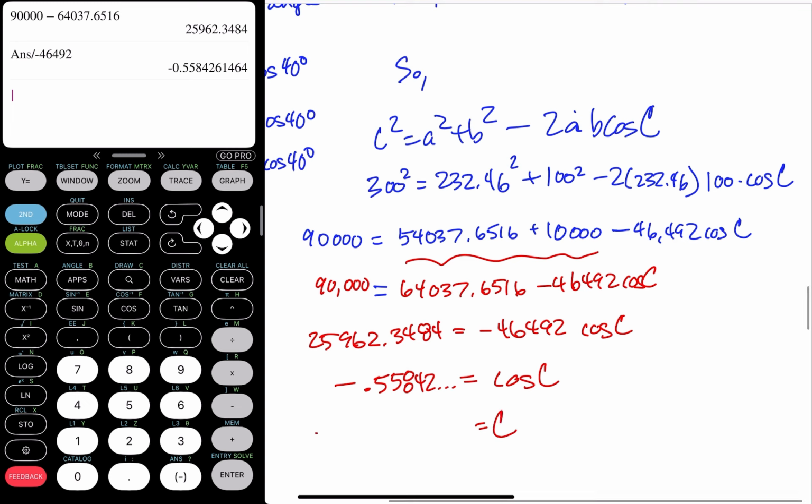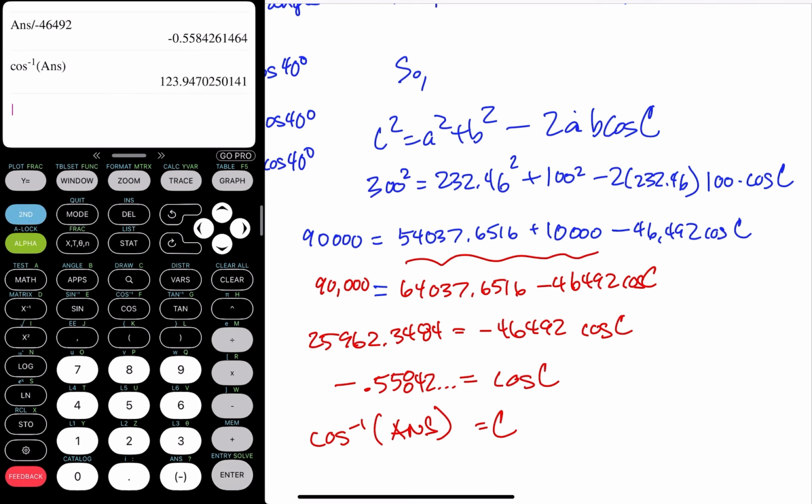So to find C, I'm just going to take the cosine inverse of the last answer on the calculator. So I'm going to hit second cosine for cosine inverse, and then second answer. I'm going to end up getting 123.95 degrees approximately. So what does that mean?